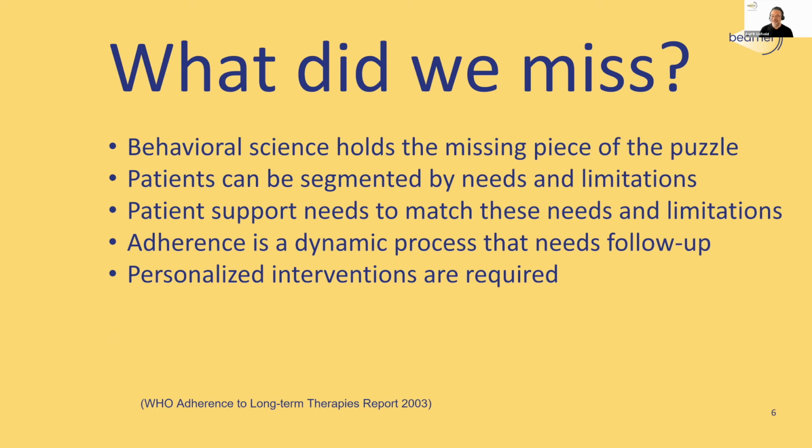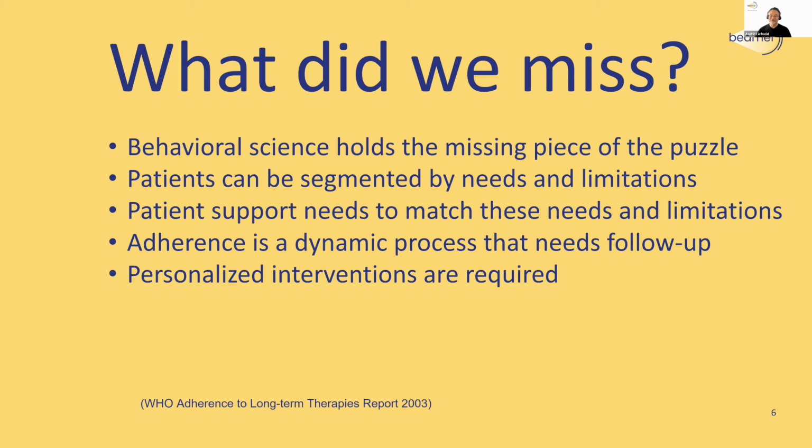So what did we miss? What we actually missed is that we're talking about people behaving in specific situations. And in 2003, the World Health Organization already put us on that track. In that report, it actually says that the missing piece of the puzzle is actually behavioral science. There is an option to segment the population, patients, people, based on their needs and limitations. And based on that, we could provide them a much better support.